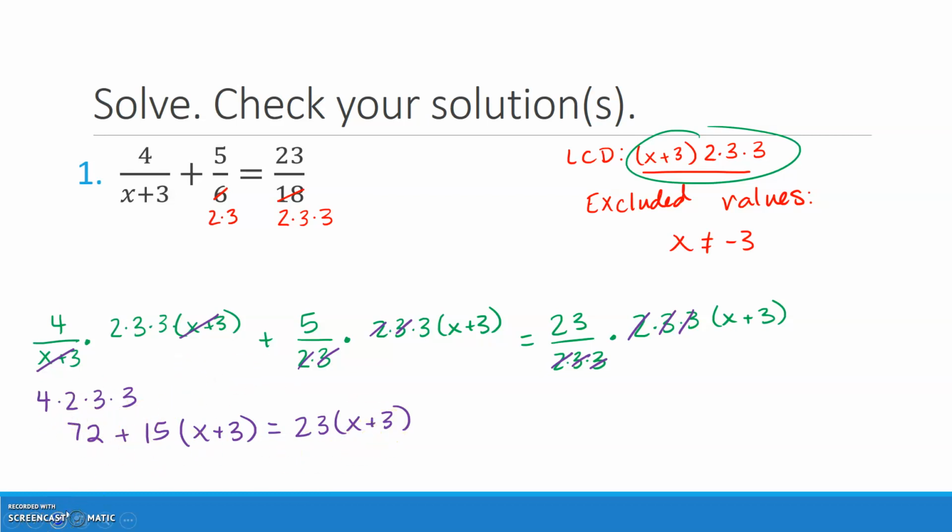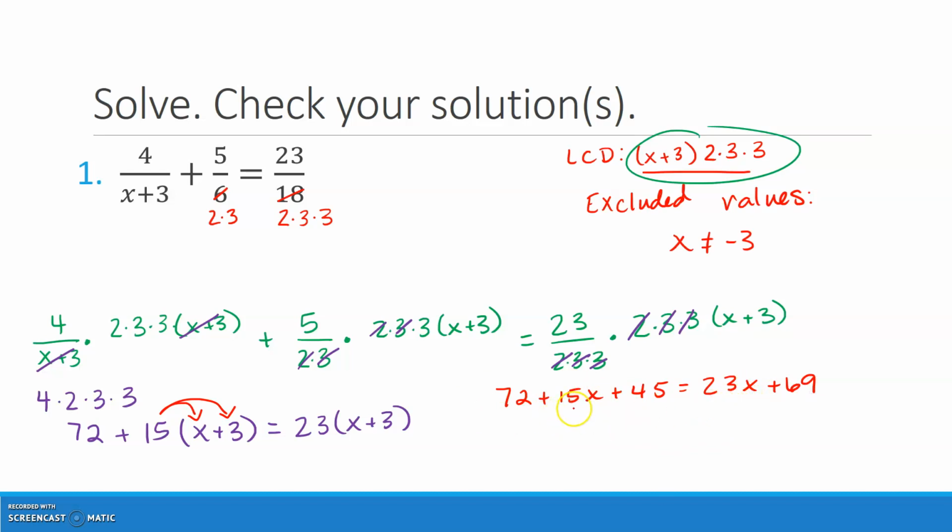So distribute, combine like terms, do all that good stuff. I'm going to get rid of the parentheses by distributing this. I get 72 plus 15x plus 45 is equal to 23x plus 69.